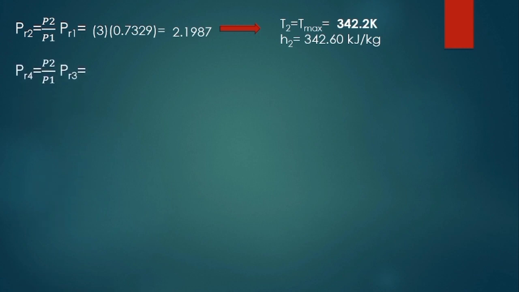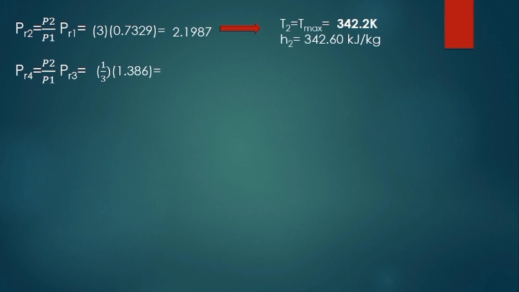Then after that, we're going to find the pressure P sub R4 to get the minimum temperature. The equation that we're going to use is the same as the equation above, but we're going to change the P sub R1 to P sub R3. So our value is 1 over 3 times 1.386.